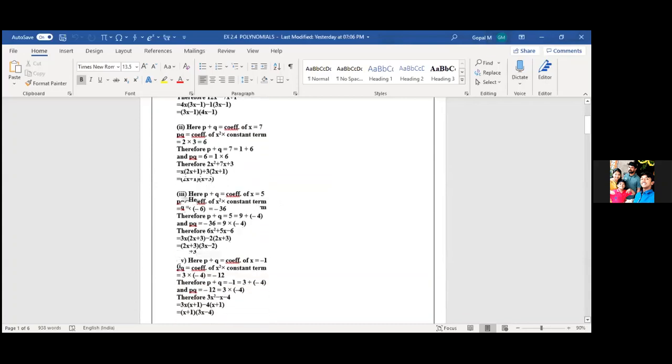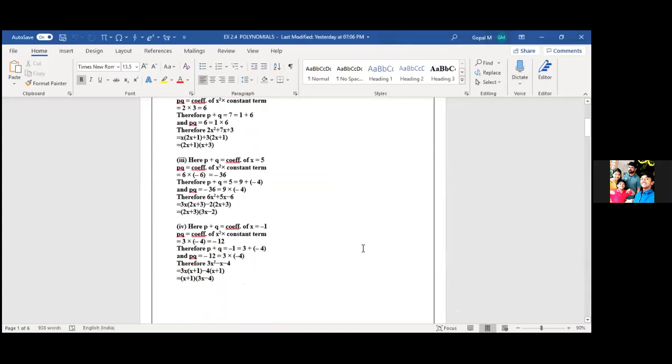Then the third question, 6x square plus 5x minus 6. Here you need to multiply 6 and minus 6, which is minus 36. So you need to take the factors of minus 36. If you multiply you need to get minus 36, and if you add or subtract you need to get plus 5. Which are those two, children? 9 and 4.